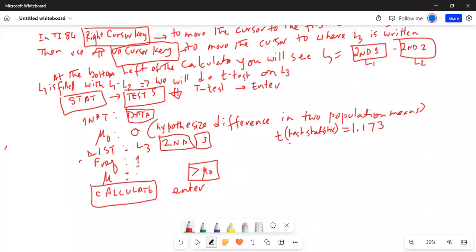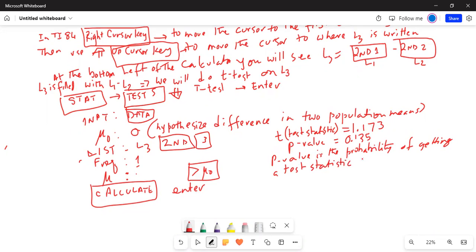And look at the p-value. P-value is equal to 0.135. So p-value is the probability of getting a test statistic as extreme as 1.173.